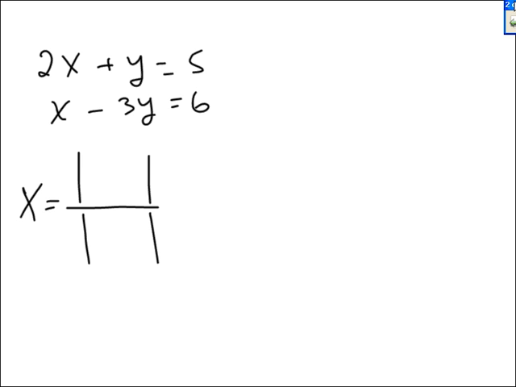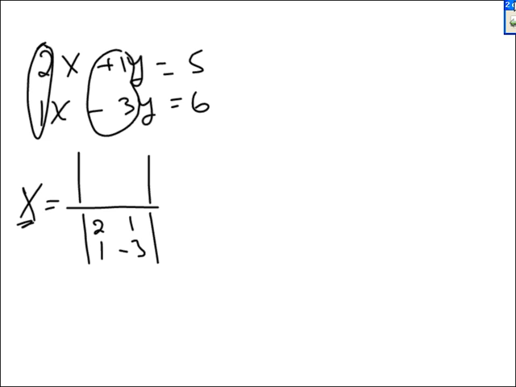The bottom determinant will be the numbers in front of x followed by the numbers in front of y, always including the signs. The numerator: since I'm solving for x, I don't use the first column with x's. I use the right-hand numbers, and for y, it's 1, -3.